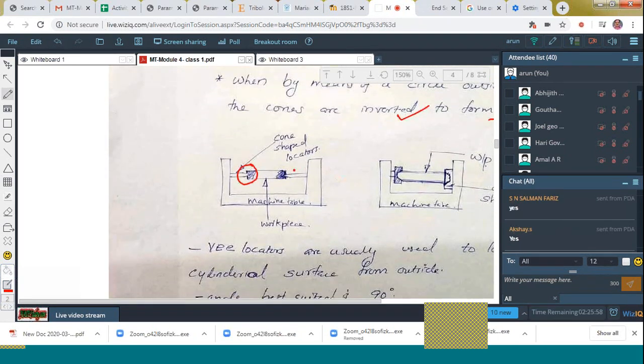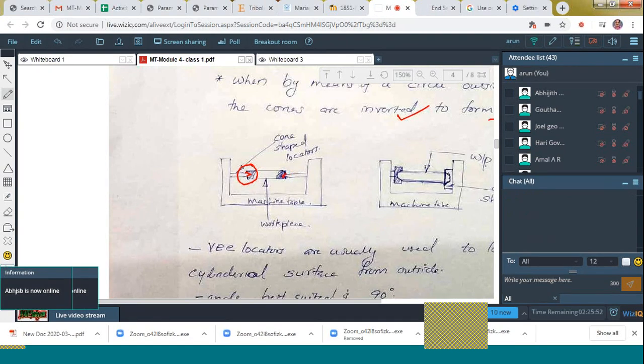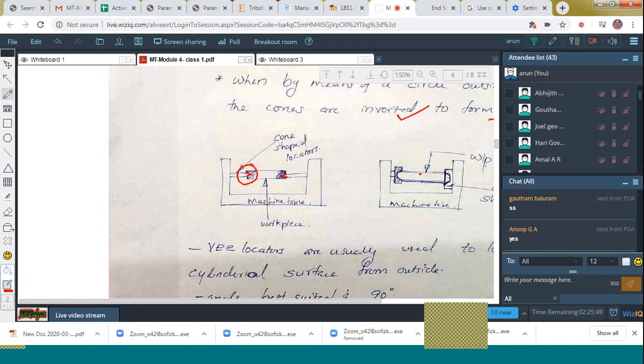Now is it visible? Yes. You can see that there exists a cone there. Here also it is a cone. Here you can see that the workpiece is kept over here like this and it is enclosed inside a cup. So here there is no need of putting a hole on the surface of the workpiece.